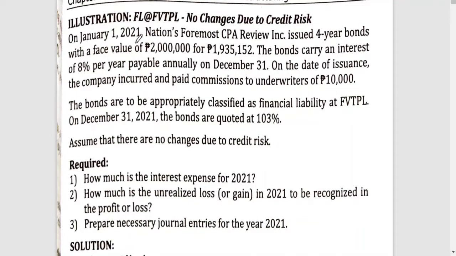On January 1, 2021, Nation's Foremost CPA Review Incorporated issued 4-year bonds with a face value of 2 million for 1,935,152. Okay, so this is your principal and this is your consideration.